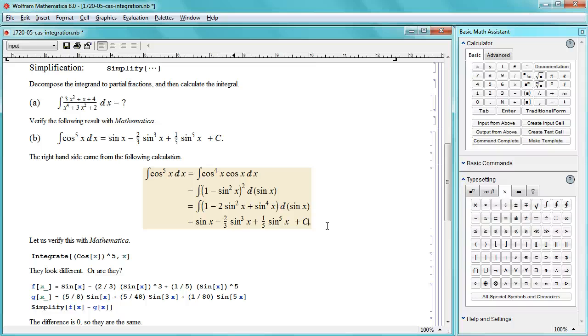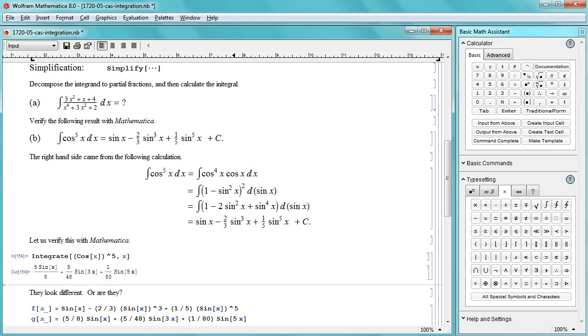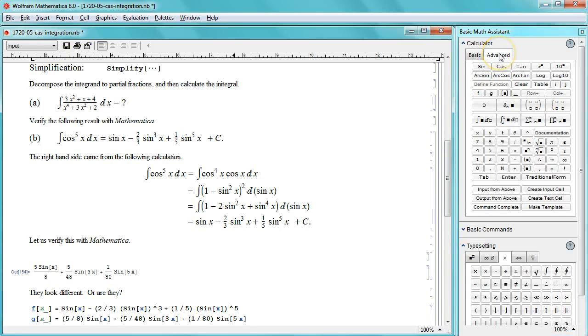But if I run this command using Mathematica like this, we have an answer like this. Actually, this is not what I really like, so let's rewrite this using basic math assistance.